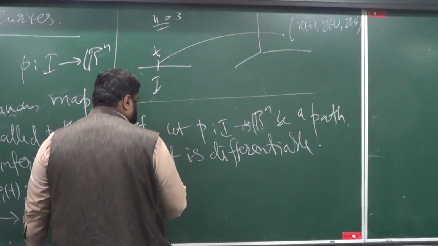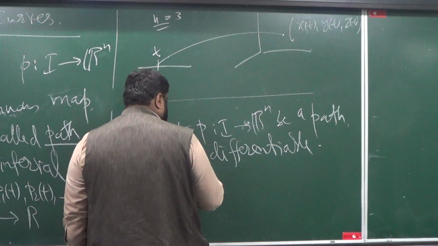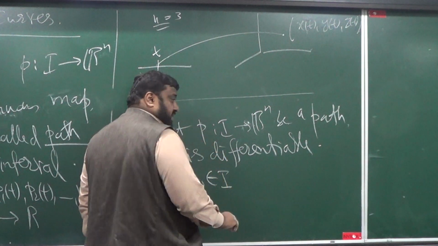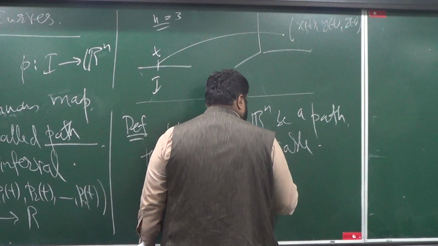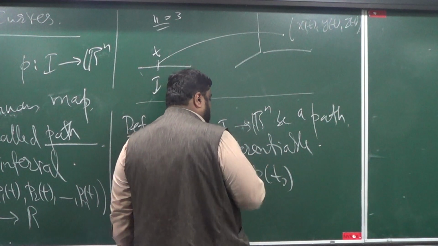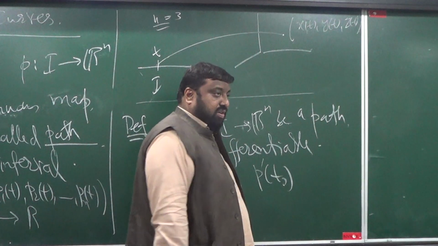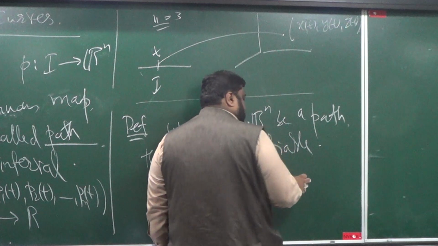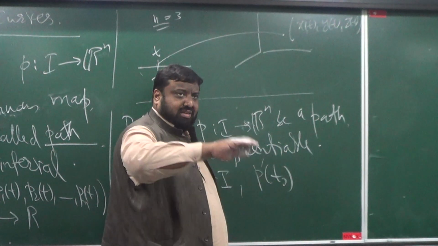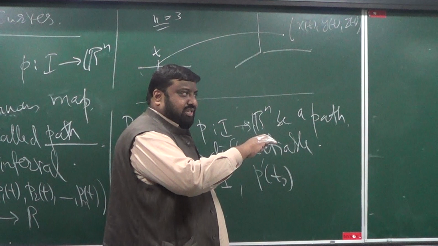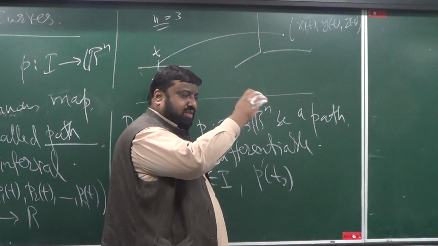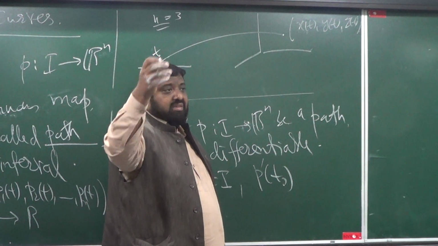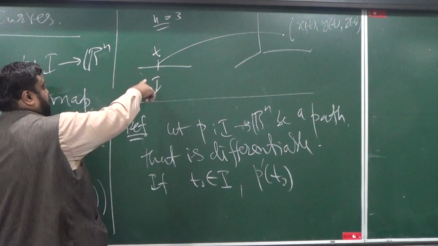And if, in addition, I have a point in the interval I, where you evaluate the derivative of the path, okay, what would be the derivative of the path? You can treat it roughly in your sketch as a particle that is moving in space, but there is also involvement of time.